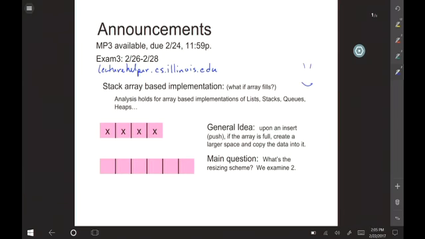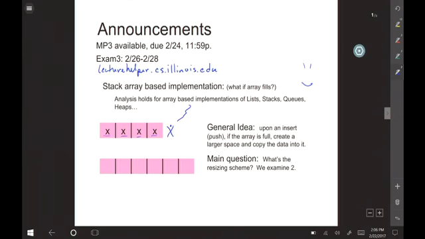Okay, so the issue then is what do we do if the array fills? So here's what I would like to propose as a general idea. We're going to take advantage of the available space in the array, and we're going to let it fill and not worry at all until another piece of data comes along.